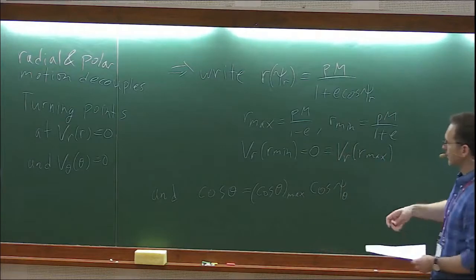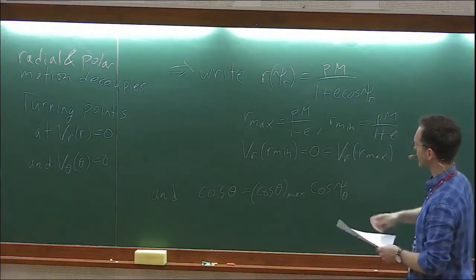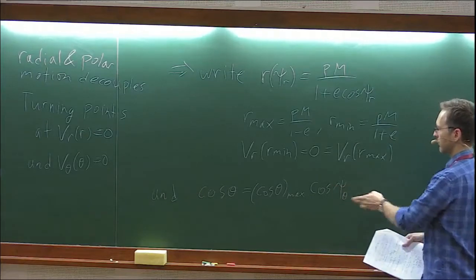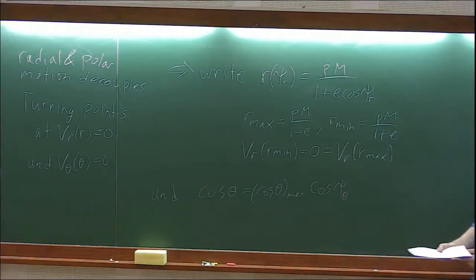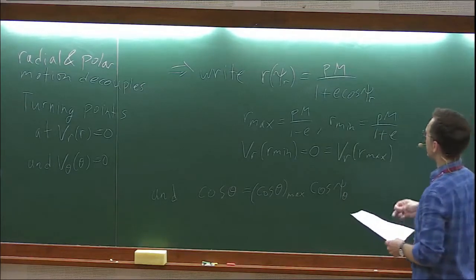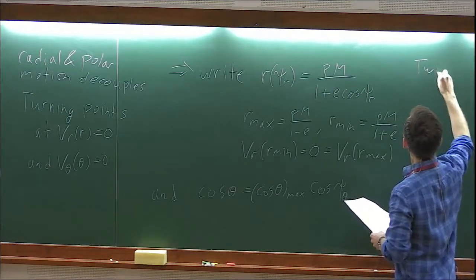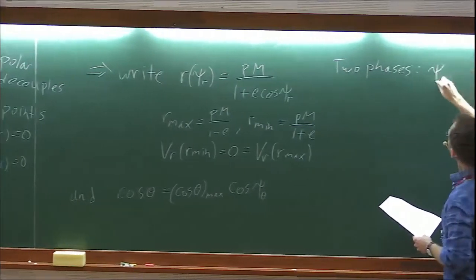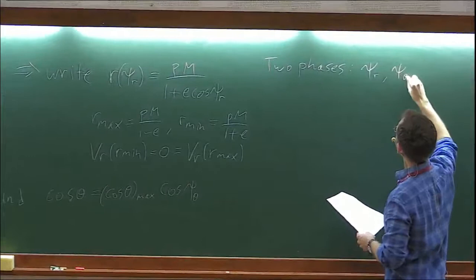So again, this is doing one complete polar oscillation when psi theta goes from 0 to 2 pi, or from psi theta to psi theta plus 2 pi. So now we have two phases, psi r and psi theta.